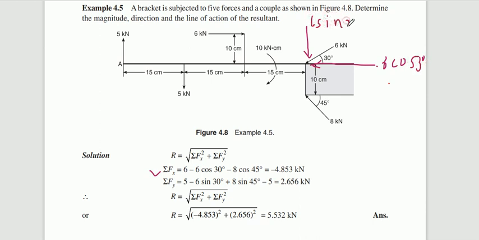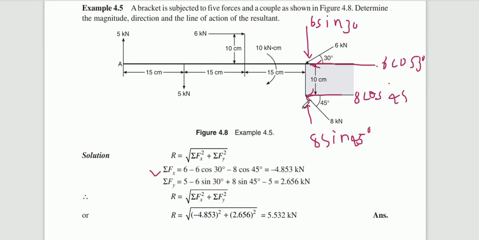6 sin 30 is your vertical component. Similarly, here one horizontal, one vertical. 8 cos 45 is horizontal and 8 sin 45 is vertical.